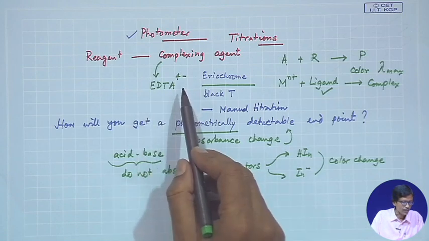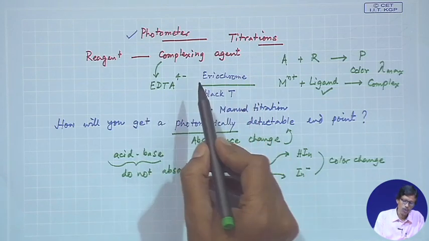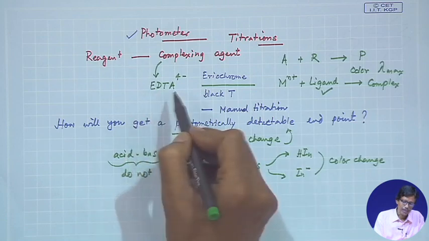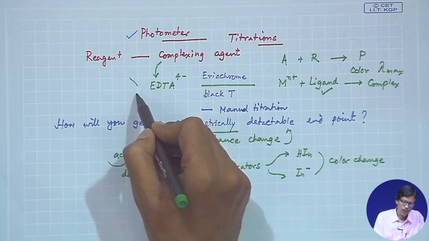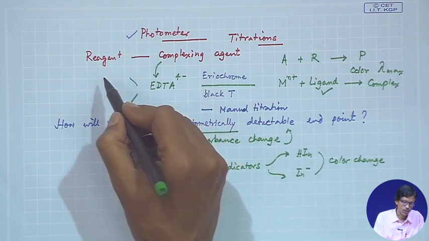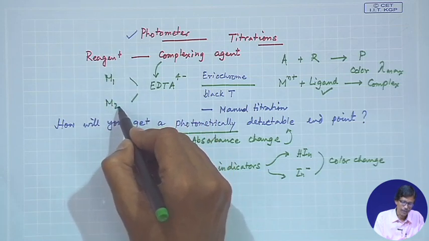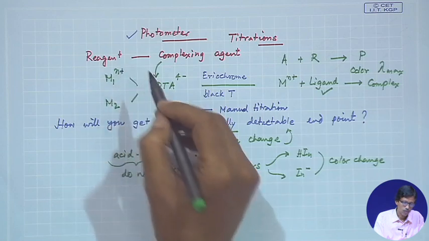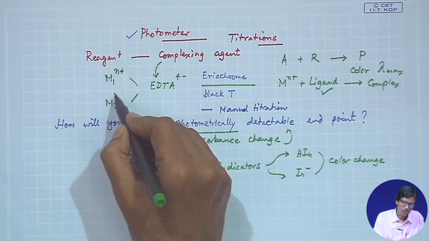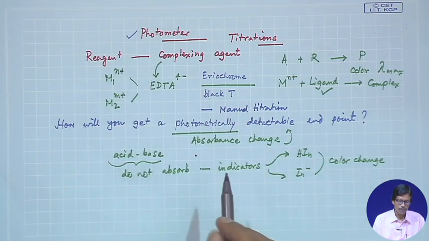So, for this titration also, your reagent is the same, and we are looking at the analysis of say two metal ions, M1 and M2. These two can be of different charges also.